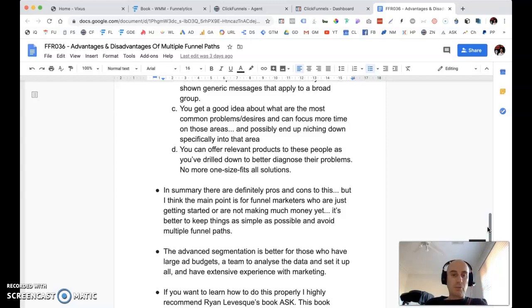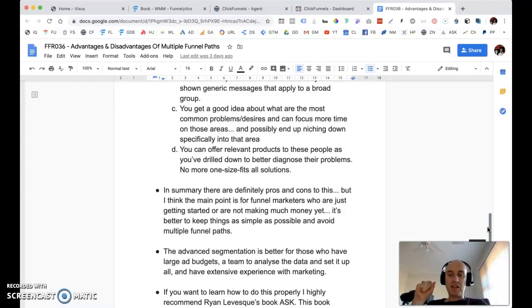And then the fourth point is that you can offer relevant products to these people as you've drilled down to better diagnose their problems. So once again, no one-size-fits-all solutions. The actual products that you end up providing to the customers can be created specifically for that market segment, which, for something like health, can be super valuable.